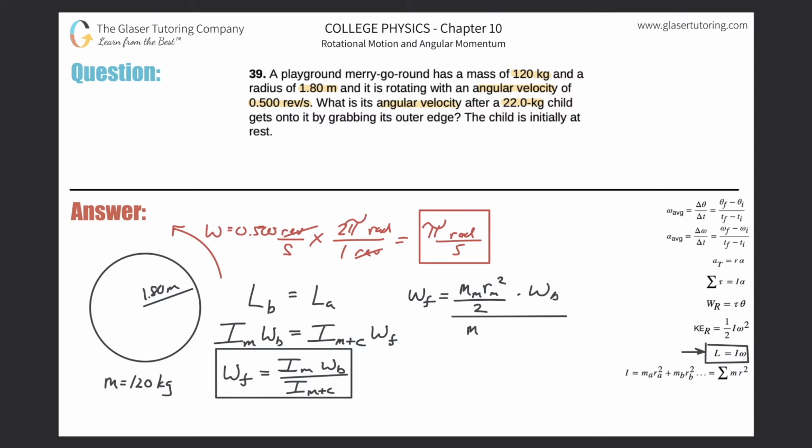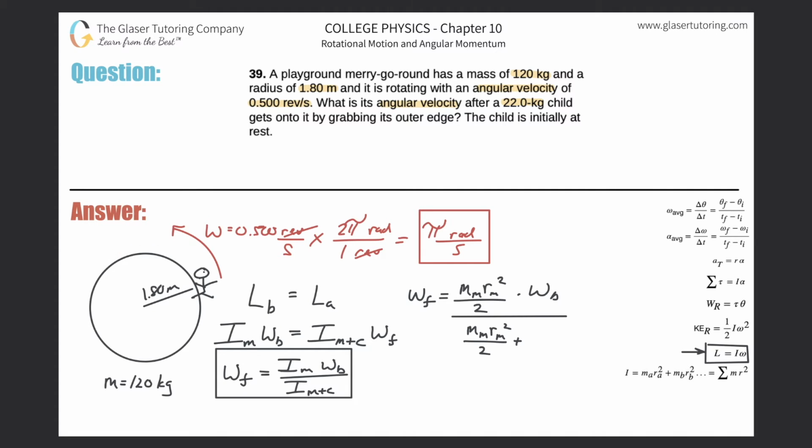So we already know that it's the moment of inertia of the merry-go-round, which is the mass of the merry-go-round multiplied by the radius of the merry-go-round squared, all divided by 2, plus the moment of inertia of the child. So in terms of the nature, what's the mass of the child once the child jumps on the merry-go-round? They're on the periphery. We can assume it's kind of like a point mass on the periphery, rotating around the merry-go-round.